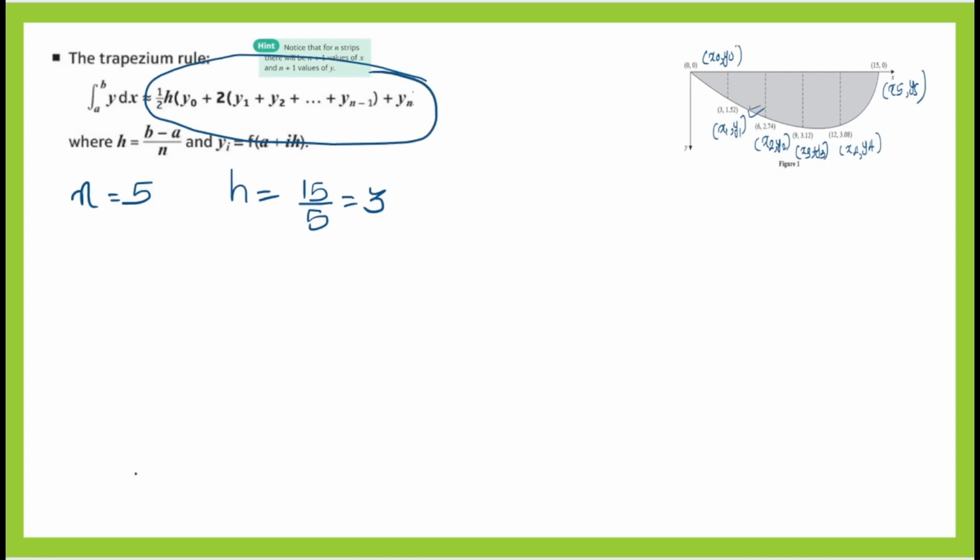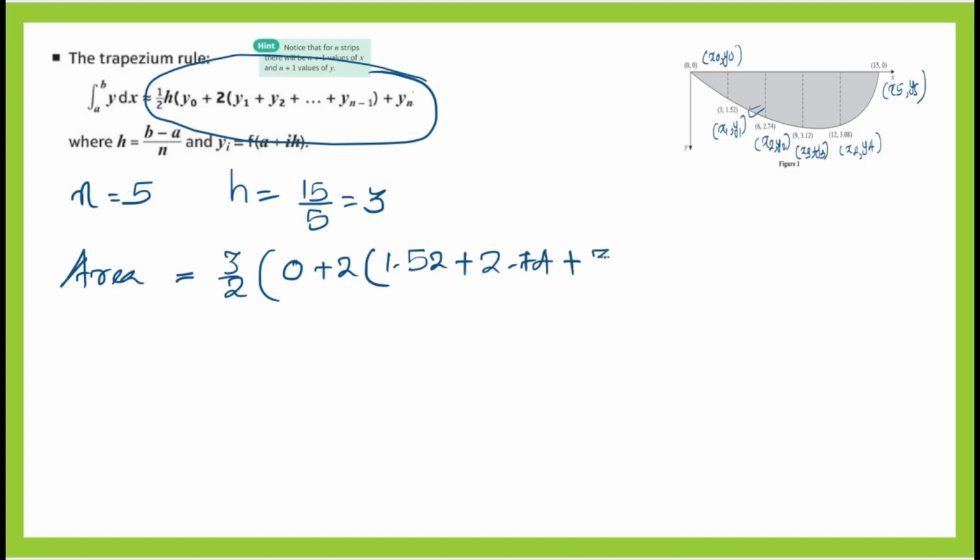Now substituting the corresponding values, area equals 3 by 2 times 0 plus 2 times 1.52 plus 2.74 plus 3.12 plus 3.08 plus 0.